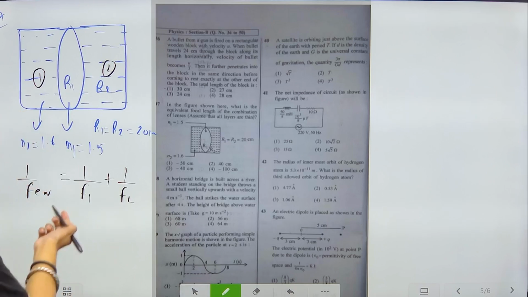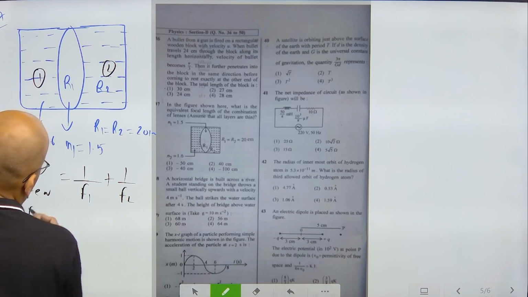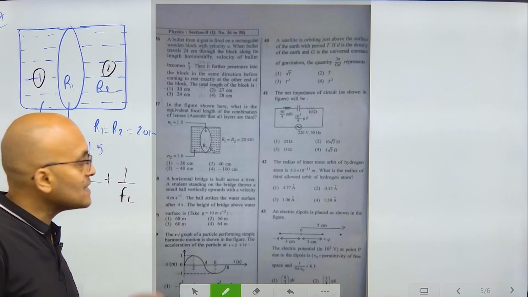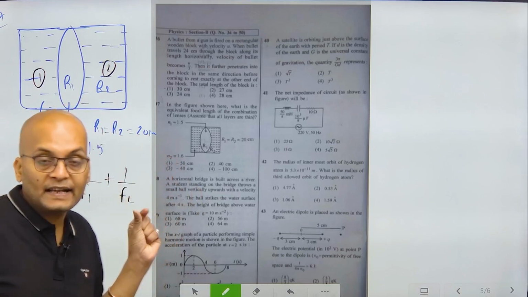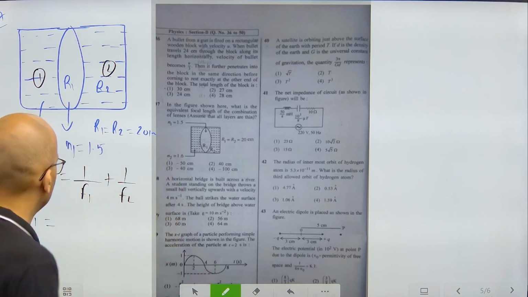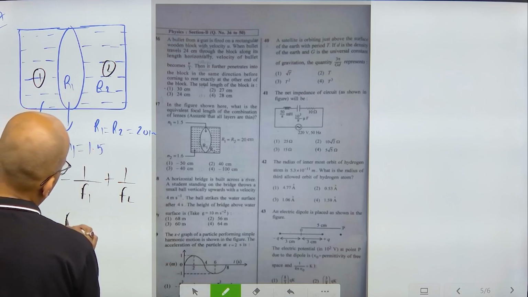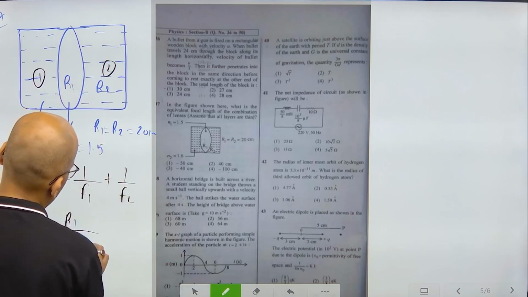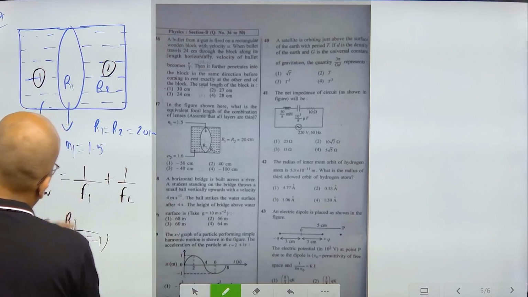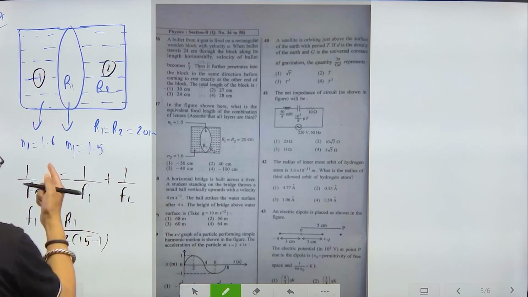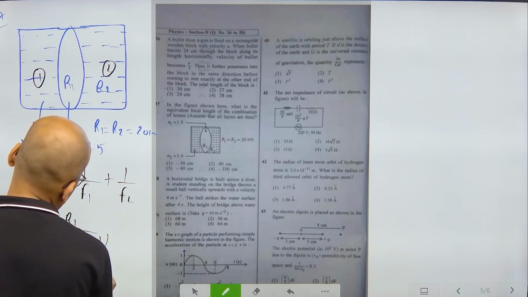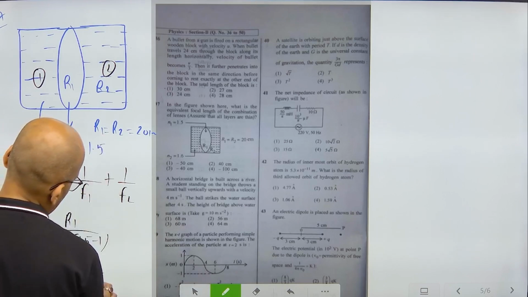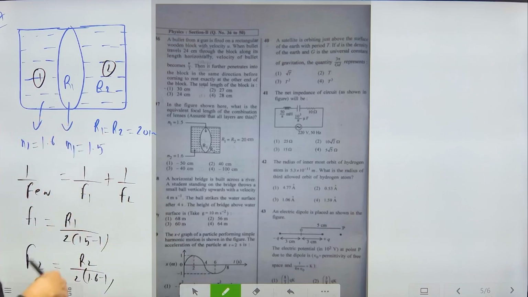Right. Now how to calculate them? Direct formula. F1 is equal to R by 2, and since it has got refractive index, this will be R1 upon 2 into refractive index, that is 1.5 minus 1. F2 will be, this formula I have discussed in class anyway, R2 by 2 and refractive index is 1.6 minus 1.